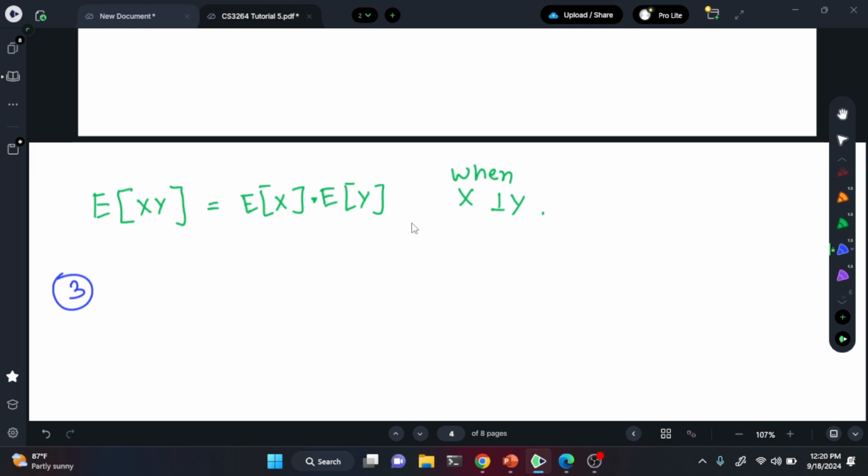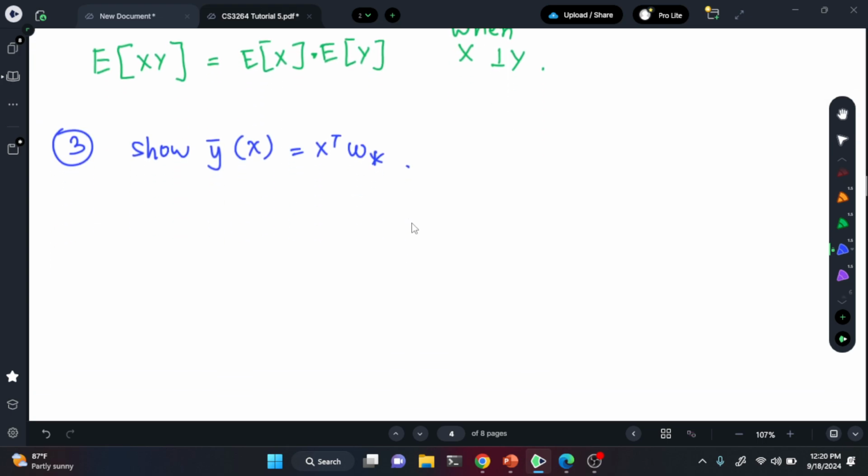Once we have this, we can insert our answer for part 3. Our goal is to show that the average of all predictors is equal to xd w star. For this, we will utilize the initial predictor formula that is given. Our predictor of x given a certain data set is basically the formula we obtained from the ridge regression. You can check lecture 1 for this.